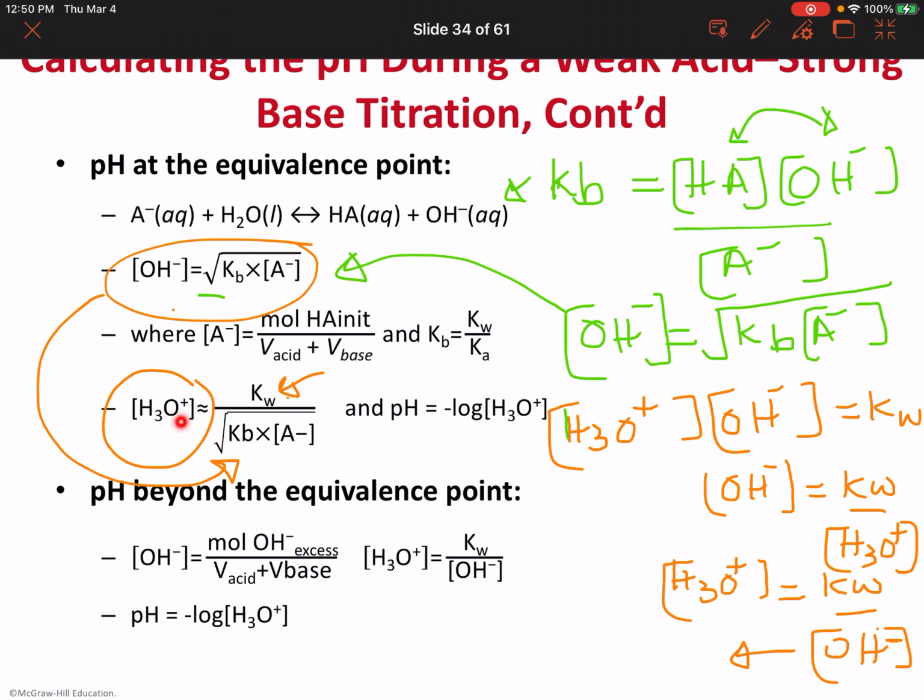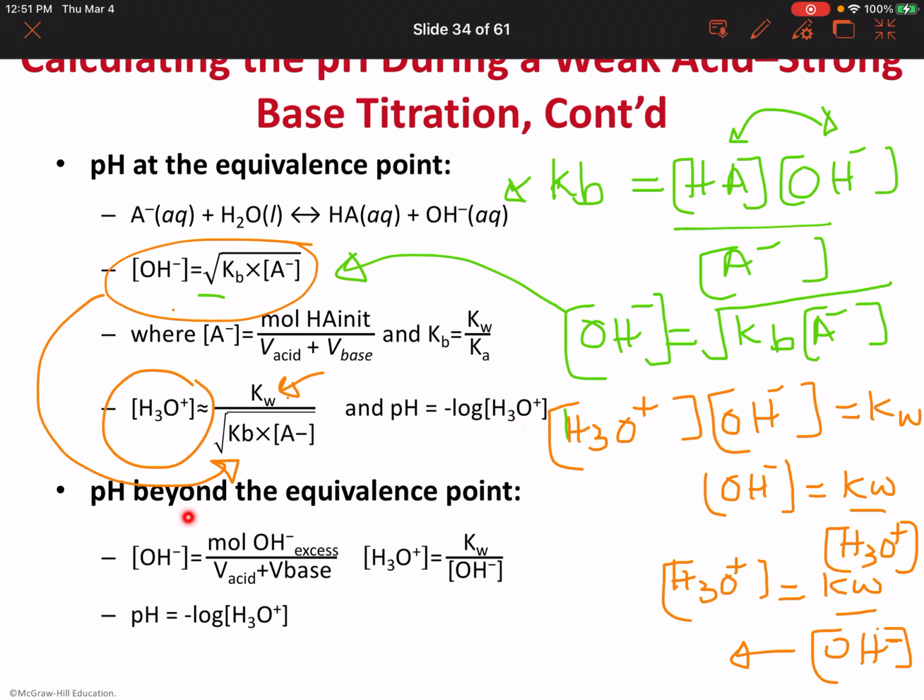That will give you the hydronium ion concentration at the equivalence point. How to calculate the A minus is given with this equation. Once you know the hydronium ions, pH is the negative log of hydronium ions. That is how you calculate the pH at the equivalence point in a weak acid strong base titration.